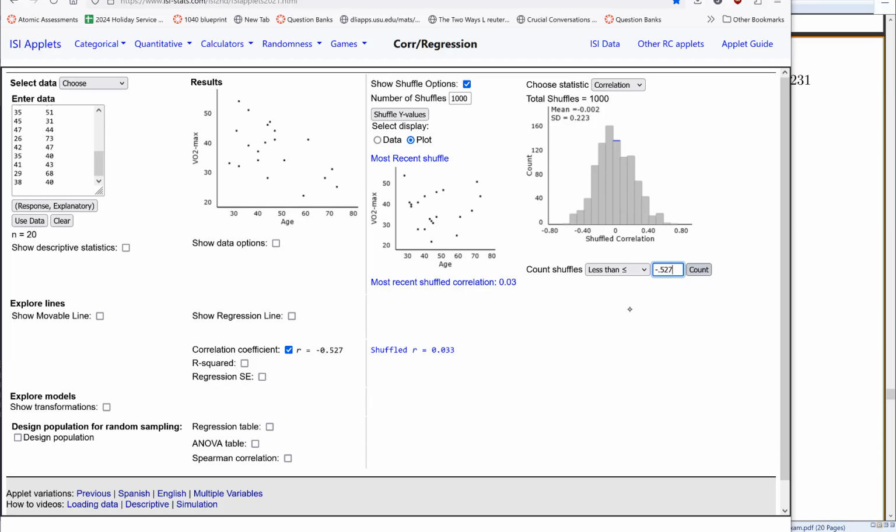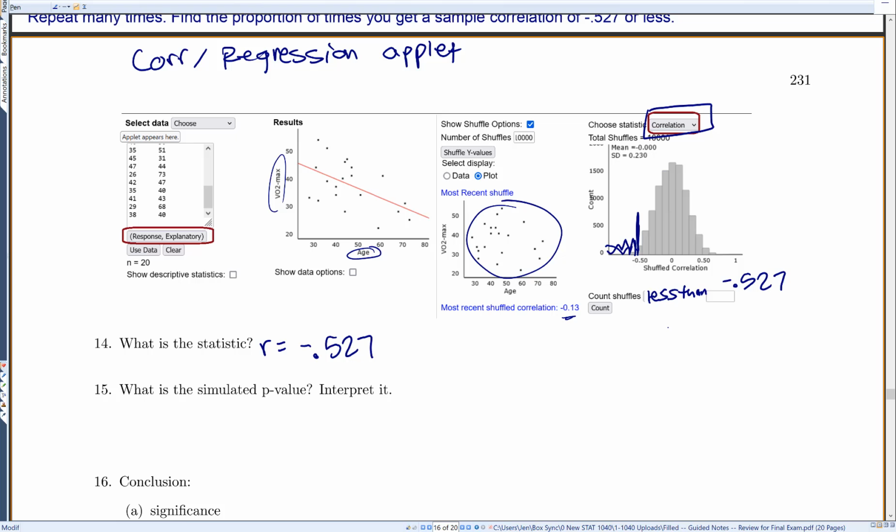Count. It looks like we're at 0.006. So 0.006 as our p-value. So we got 0.006.